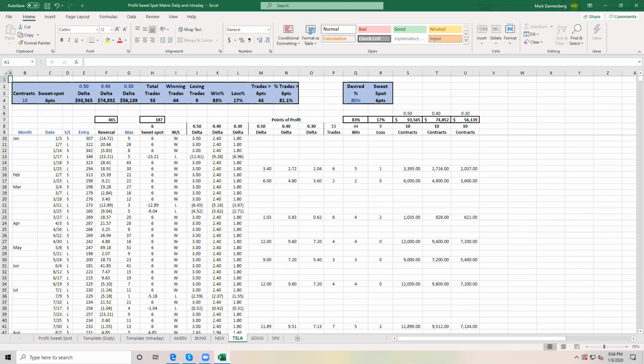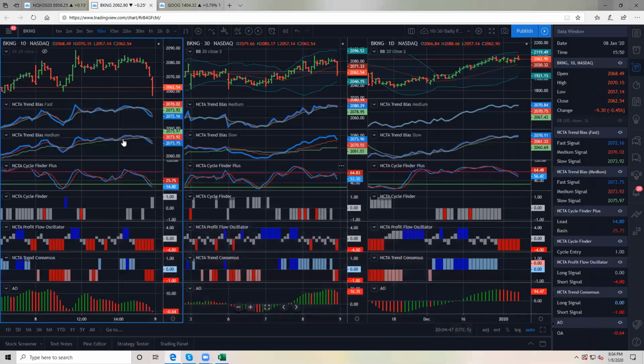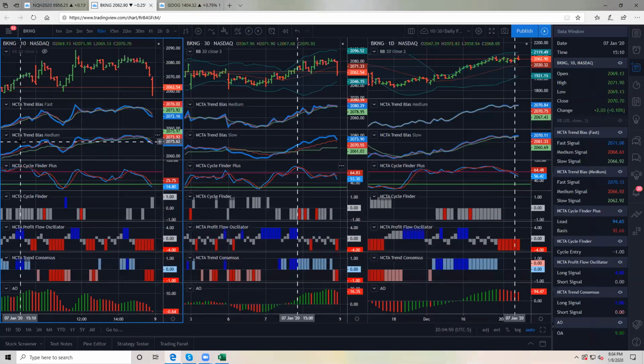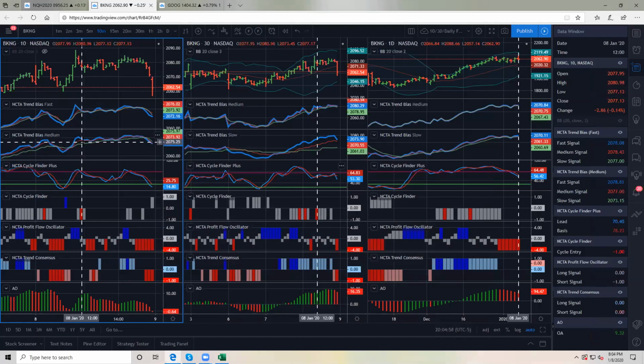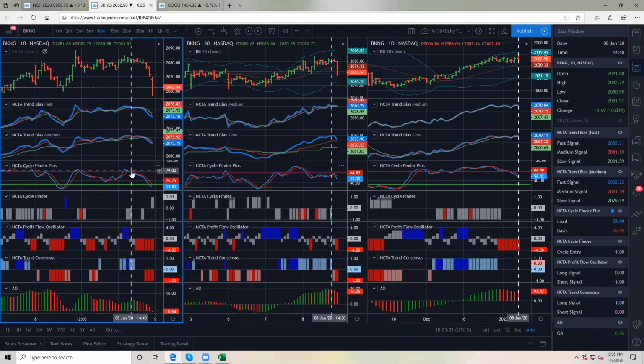Josh was asking, what's the main difference between the Cycle Finder Plus and the trend bias? Well, the underlying indicators that make up each of those are different. The trend bias is going to help you understand where the trend is likely to continue. The Cycle Finder Plus is really a step up from that, in my opinion.